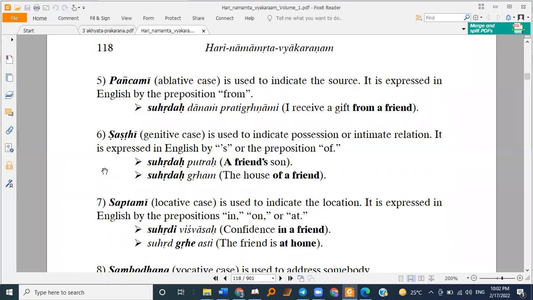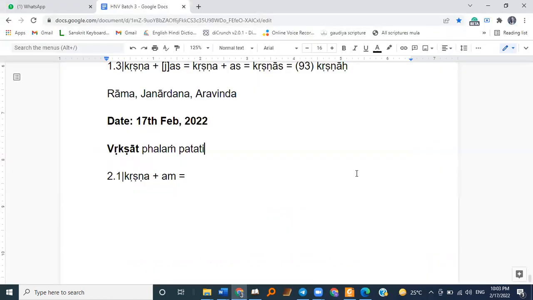Then Shashti is the possessive or genitive, used to indicate possession or intimate relation, and it is expressed in English by the apostrophe s or the preposition of. For example, Krishnasya bhaktaha, the devotee of Krishna.